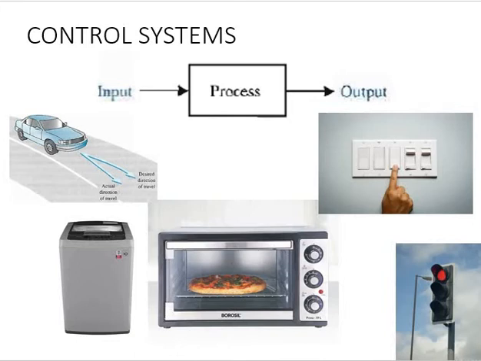Suppose you want 10, 20, or 30 degrees centigrade. You set the knob, the item such as the samosa is heated, and then we remove it. So that is the control process.